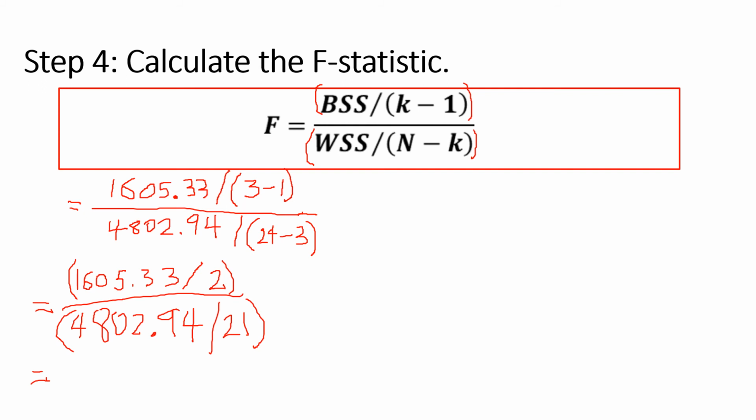1,605.33 divided by 2 should give us 802.665, while 4,802.94 divided by 21 should give us 228.71, and a lot of numbers after that.